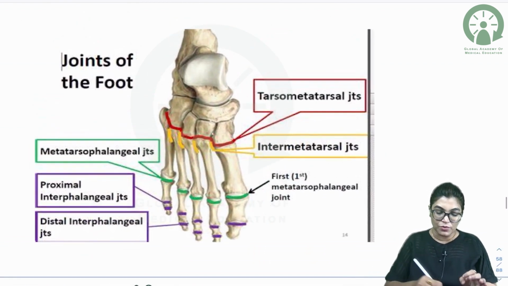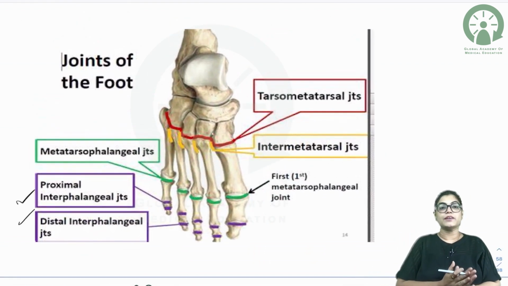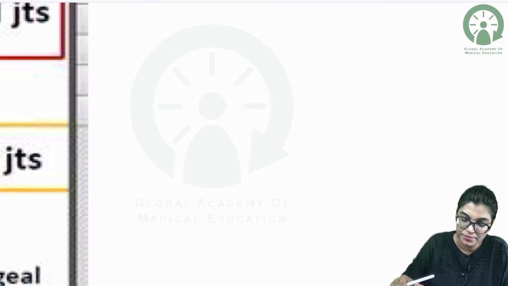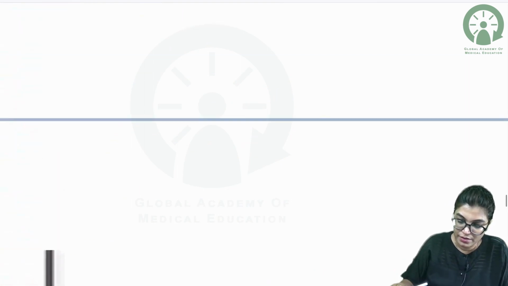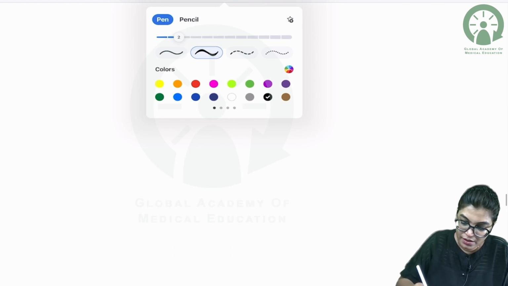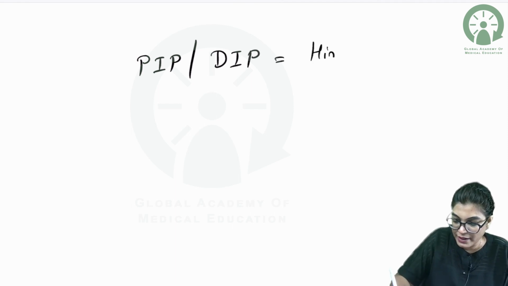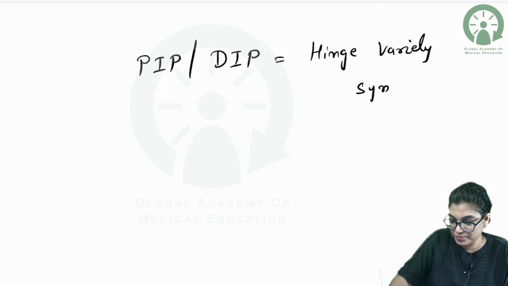Now, the joints of the foot. In the foot we have the interphalangeal joints, which are the hinge variety. The metatarsophalangeal joint is functionally an ellipsoid variety of synovial joint. So, write down. Interphalangeal joints, that means in short proximal interphalangeal joint and distal interphalangeal joint, are examples of the hinge variety of synovial joint.